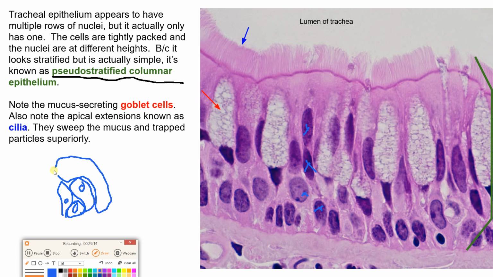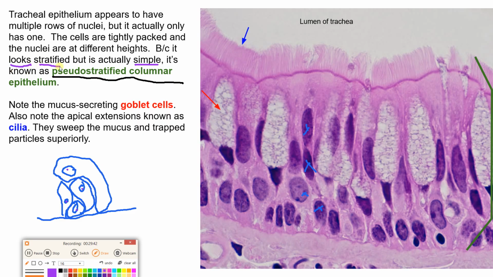He's shaped like this, and there's his nucleus, but all of them are touching the same base here. They have the same basal surface. It's just the nuclei are all at different heights, even though they're all standing on the same surface. So they're actually simple, but they look stratified.